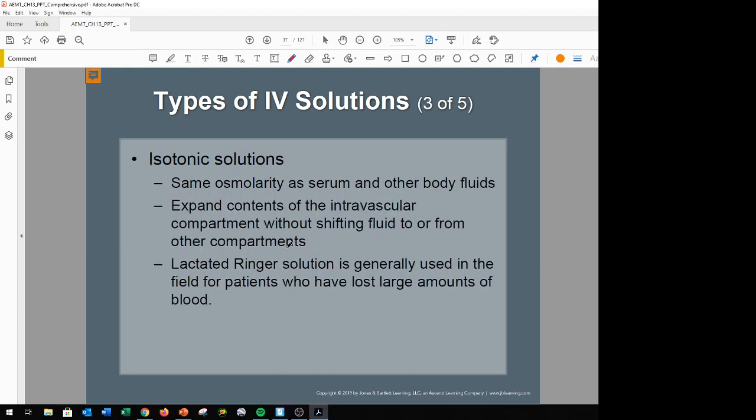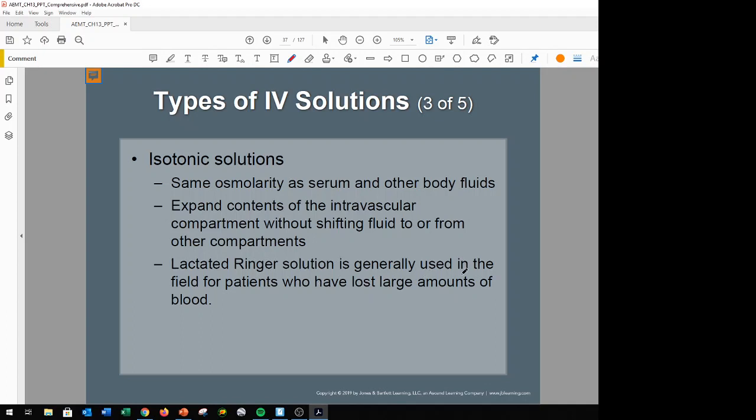All right, isotonic. It has the same osmolarity as serum, like the serum part of the blood and other body fluids. It expands contents of the intravascular compartment without shifting fluid to or from other compartments.